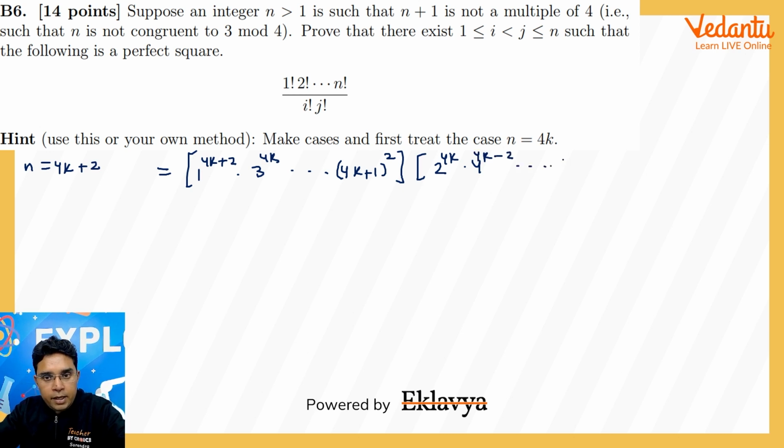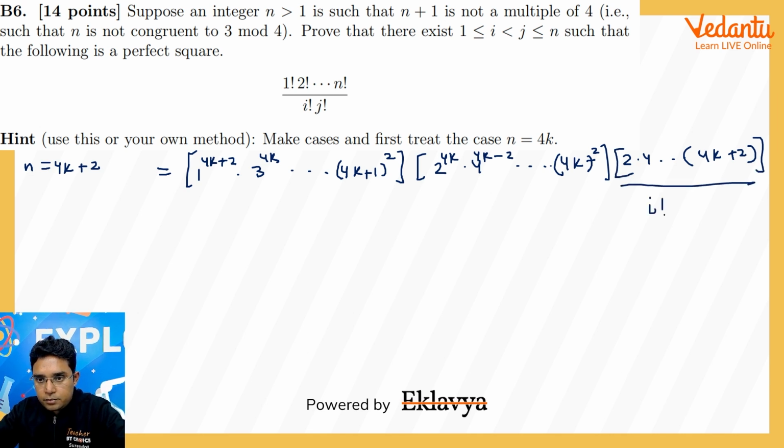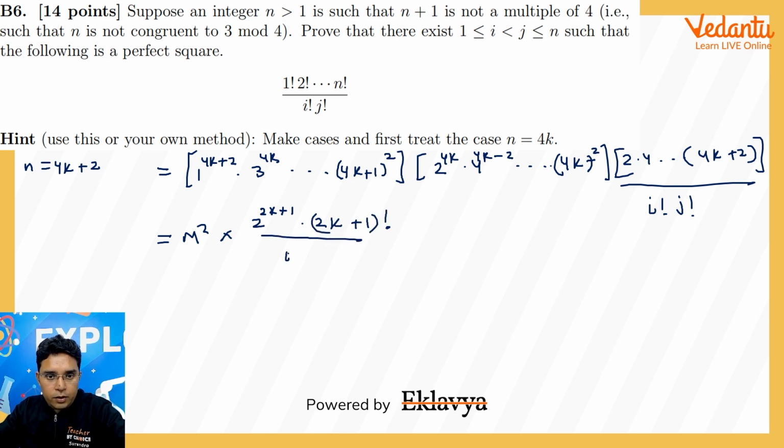And here we will be getting this 4k plus 2, 4k will be having, I think, power 2 here, power 3 here actually. So I will write 2 here, and then all the remaining numbers 2, 4, and so on, 4k plus 2 I will write outside this bracket. Once again I am using the same logic that these two are perfect squares, so let us write that as m square, and here we will be getting 2 power, this time 2k plus 1 common, and we will be getting 2k plus 1 factorial upon i factorial j factorial.